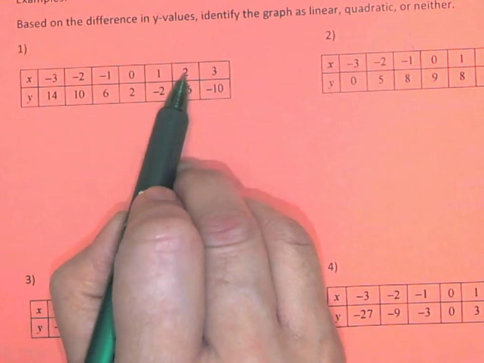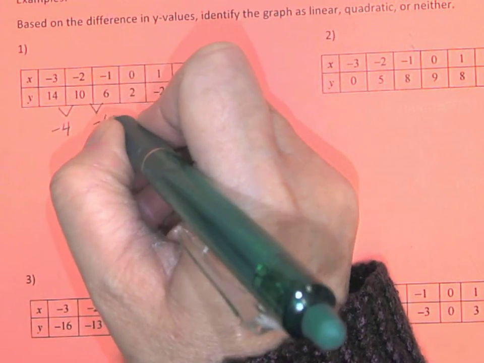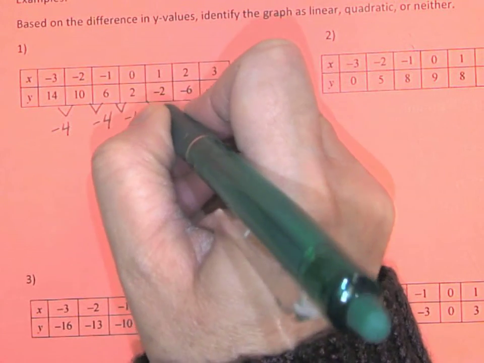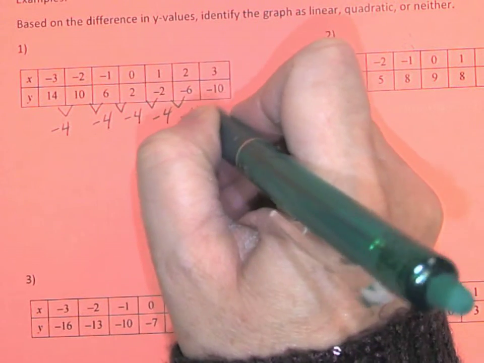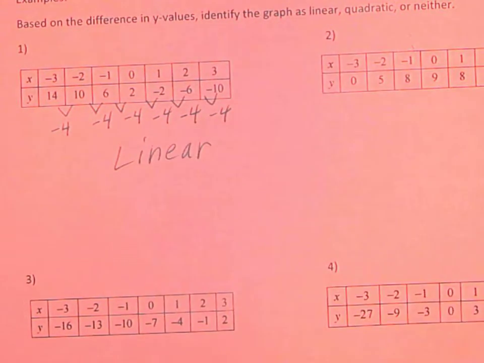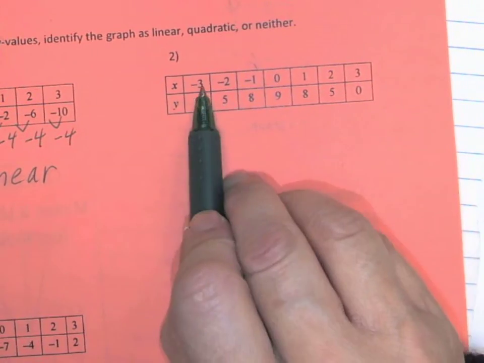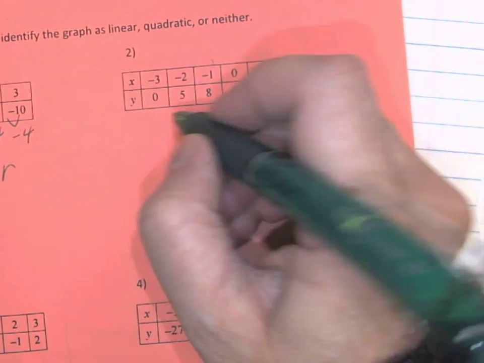Let's check these. First of all, x is going up by 1 each time. Y is going down by 4 each time. Linear. First difference the same is linear. This one, x is going up by 1 each time.